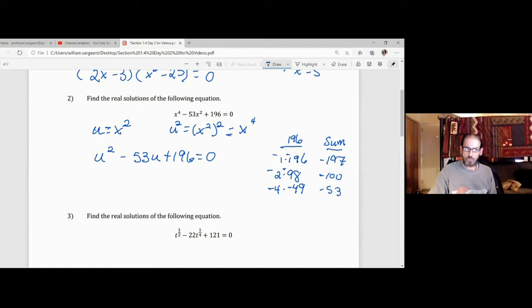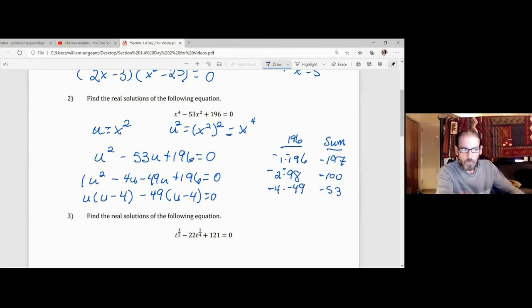I could do that same factoring by grouping that I saw in the first example, although we can be even quicker than that, since that's a 1u squared. But anyway, factor out a greatest common factor of u from the first group and a negative 49 from the second.